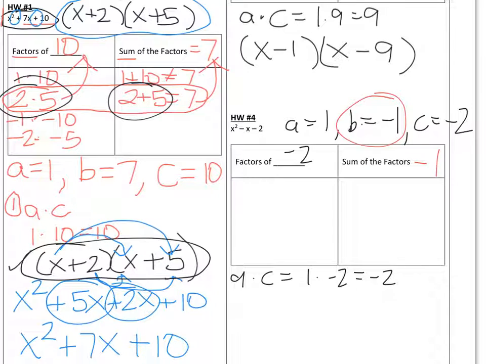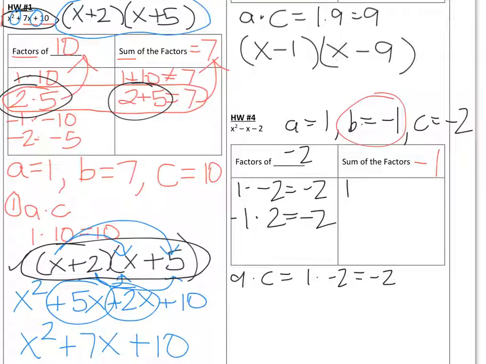So there's only one multiplication problem that equals 2, 1 times 2, but we need it to equal negative 2. So we could do 1 times negative 2, that's negative 2. Or we could do negative 1 times positive 2, which is also negative 2. But we need to find which one of those equal negative 1 when we add.